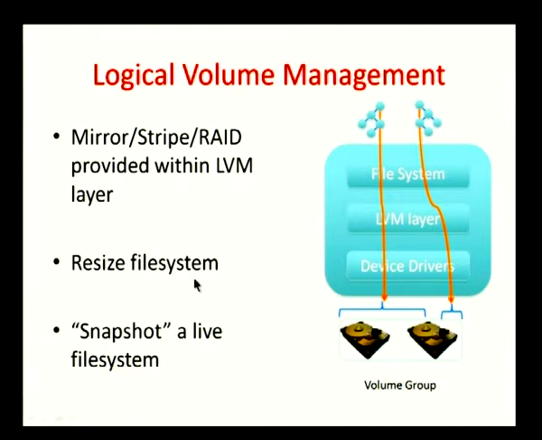You can resize the file system, and you can take a snapshot of the live file system also. The main purpose of the snapshot is that if some error occurs during transmission, you can simply redo the process and resend it. For that purpose, we have the snapshot whenever it is needed.